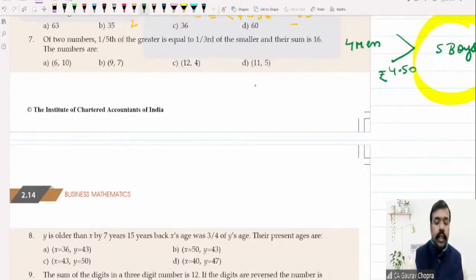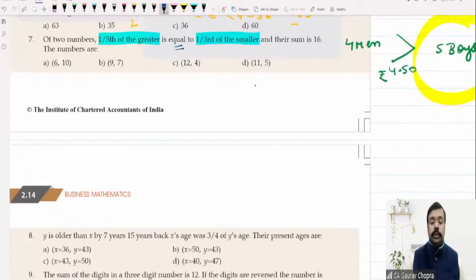So again, there are two conditions. The first condition is, of the two numbers, find 1/5 of the greater number and find 1/3 of the smaller number. And these two must be equal. And also, the sum between them is 16. Then we have to find out the numbers.